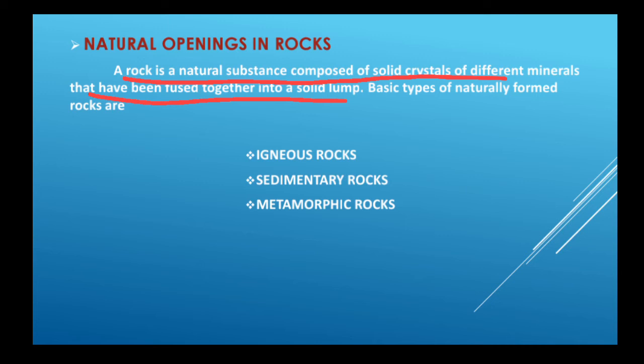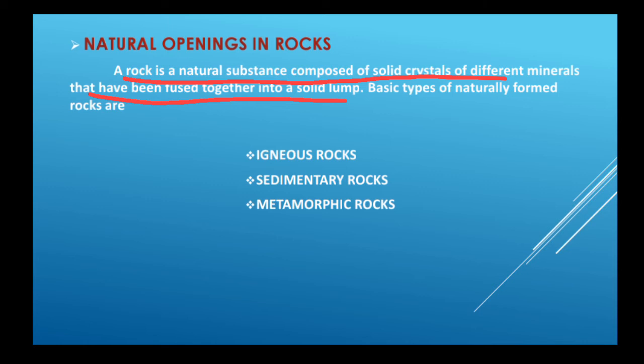The minerals may or may not have been formed at the same time. Different minerals will not form at the same time; they will be formed at different times, and after all the minerals have formed, the solid lump will be formed.